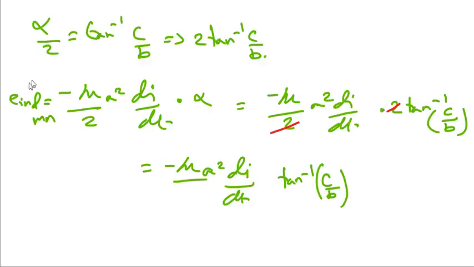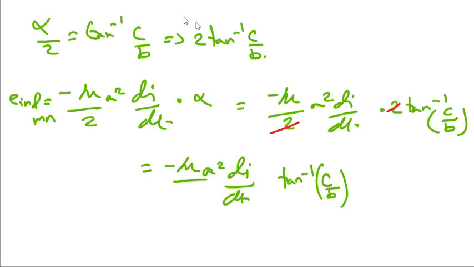Now alpha over 2, as we said, is tan inverse of c over b, because you have c over 2 divided by b over 2. The 2's cancel out, so you end up with c over b. This is a ratio: 2 over 2 is 1, and 1 over 1 is 1, so same thing. Now we get E induced MN equals minus mu, doing the final substitution. Using alpha back, times alpha, so we have minus mu.